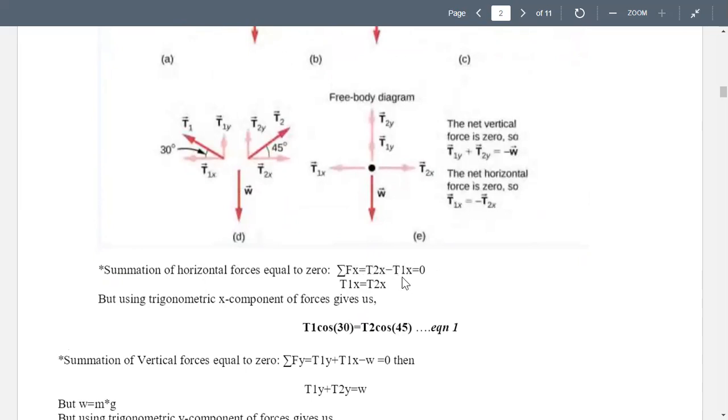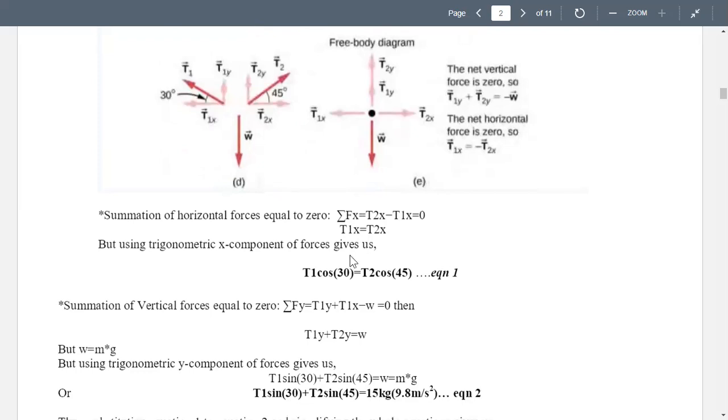Why is T1x negative? It is negative because it is pointing towards the left, following Cartesian plane coordinates. Since T2x minus T1x is equal to 0, transposing T1x to the other side, T1x is equal to T2x.